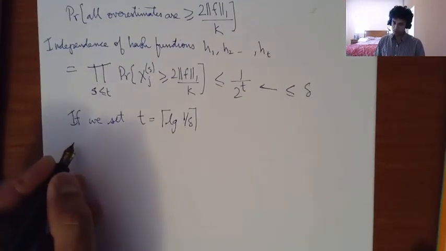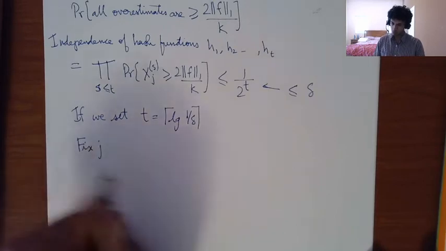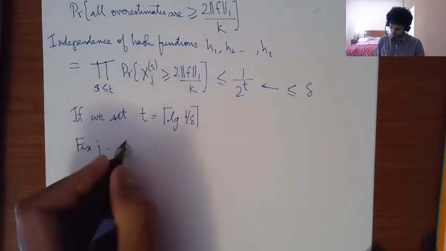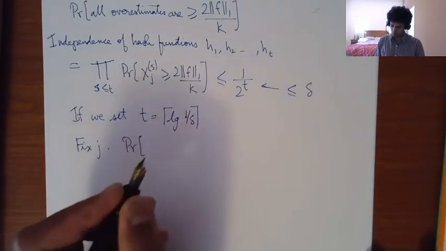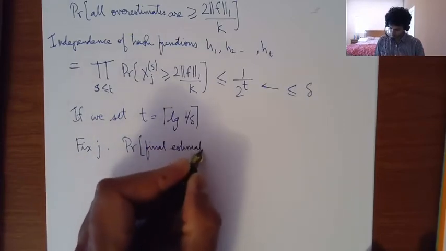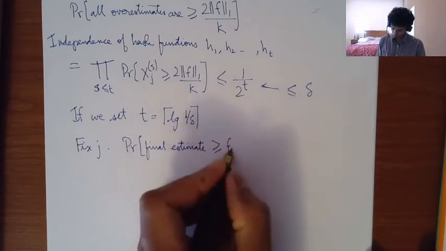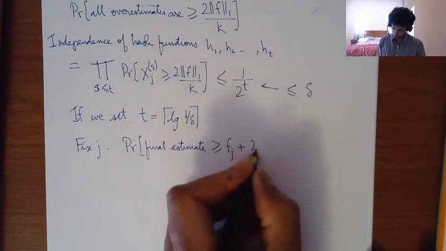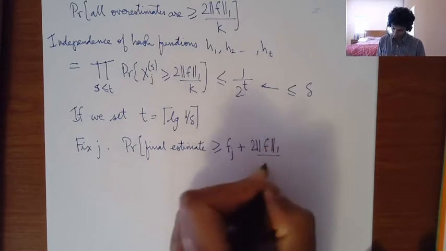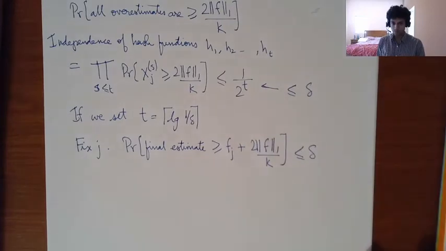So that means that, so we fixed j, the probability that the final estimate is more than the true count plus 2 times the L1 norm of f divided by k is at most delta.